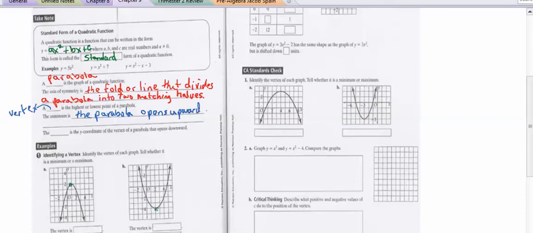So the minimum, we'll say instead of is, we'll put it of. The minimum of the parabola opens upward. It's a happy face. We'll put in parentheses, it's happy.